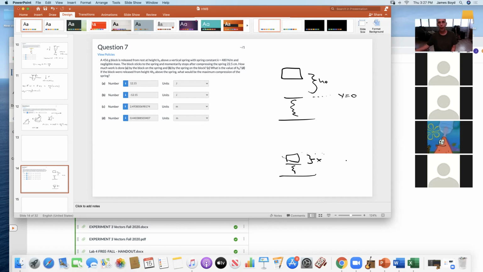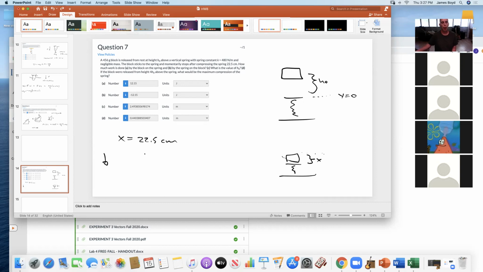We're told that at the first time, x is 22.5 centimeters, and we're asked how much work was done by the block on the spring. So the force of the block on the spring is mg. No, sorry, take that back.